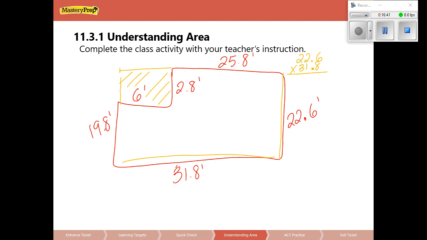And as much as I would love to multiply those out by hand, I don't quite have the space. So with that little section included, we have 718.68 square feet.